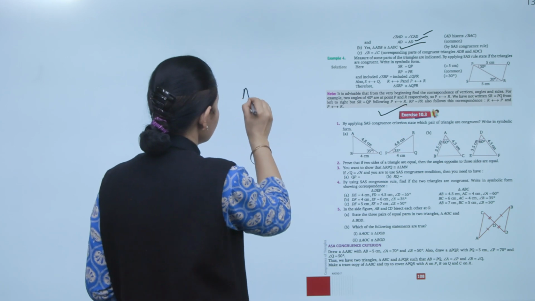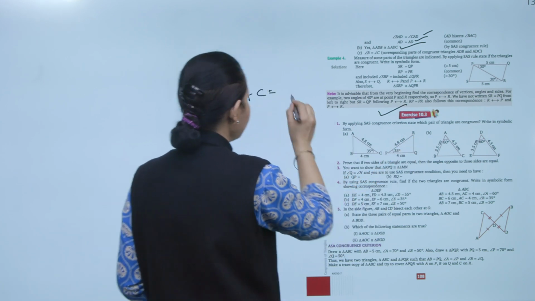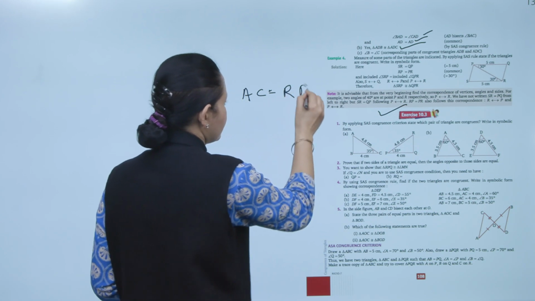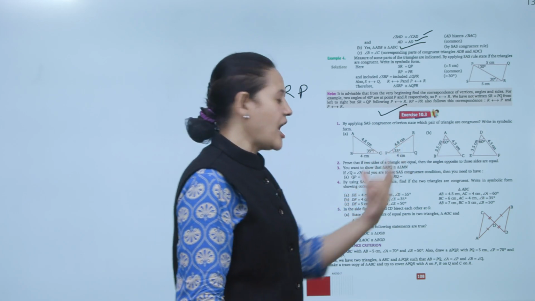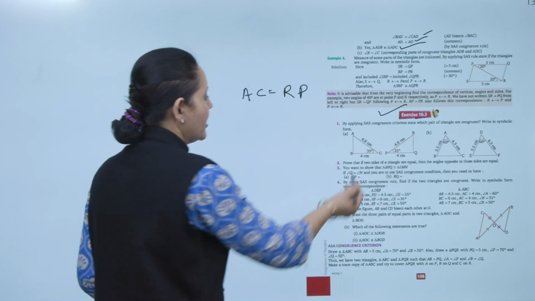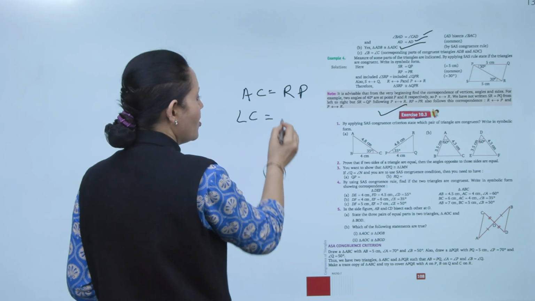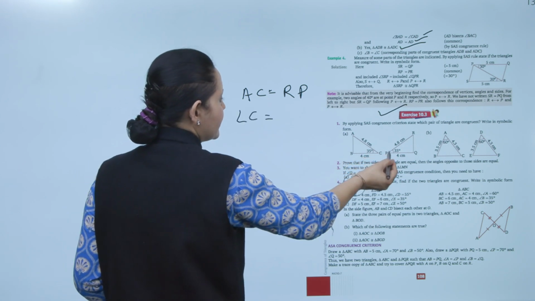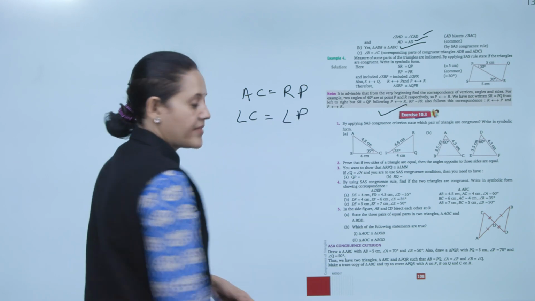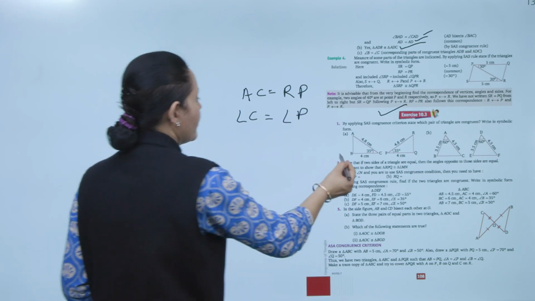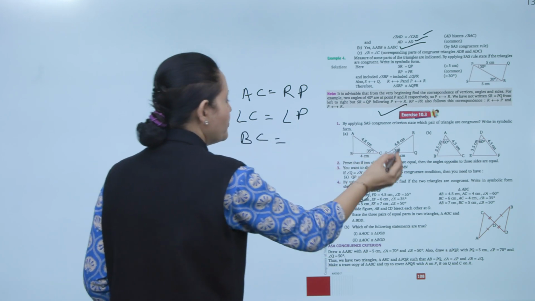AC 4.8 centimeter equals RP of this triangle, and angle C equals angle P, and BC equals PQ.